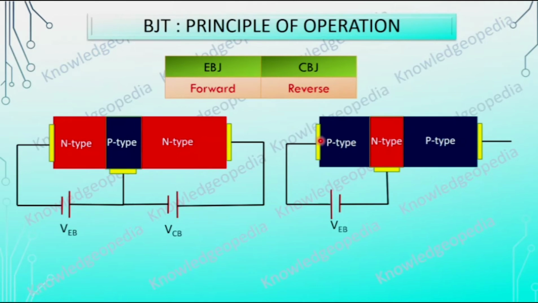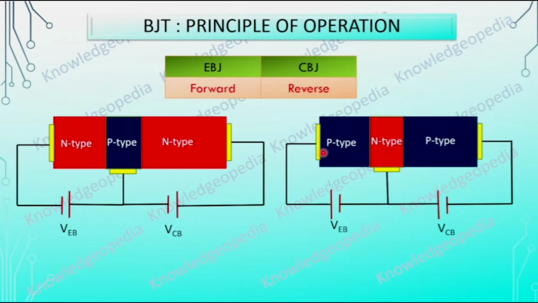The P side of the transistor should go to the positive terminal of the applied voltage and the N side should go to the negative terminal, because this emitter base junction should be forward biased. Similarly, here the N side should be connected to the positive terminal and the P side of the transistor should be connected to the negative terminal, as this collector base junction is reverse biased. Here also it is VEB and VCB. So this is the connection.